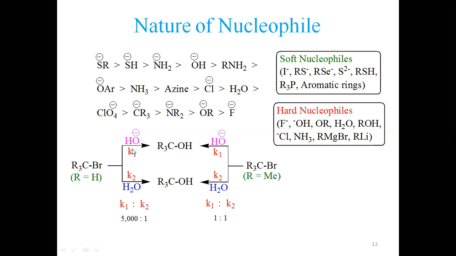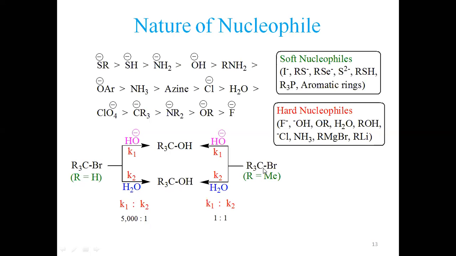Look at here, if the rate constant is k1 for this, and the rate constant is k2 for this, in this case both result in the same product, right? So in this case the ratio k1 to k2, this is 5,000 times faster. We are doing this bromomethane reacting with hydroxide ions. This reaction shall have a 5,000 times reaction rate compared with the reaction of methyl bromide in water. It shall be a very poor reaction.